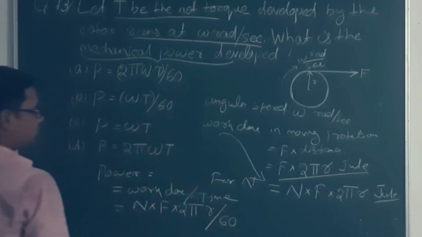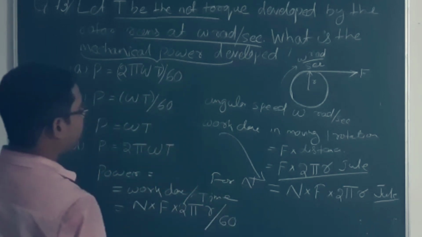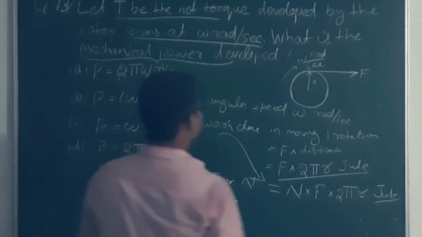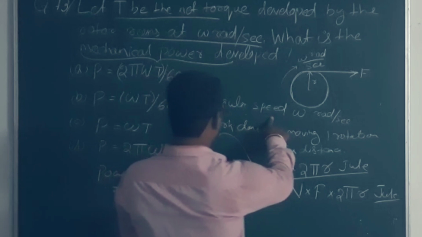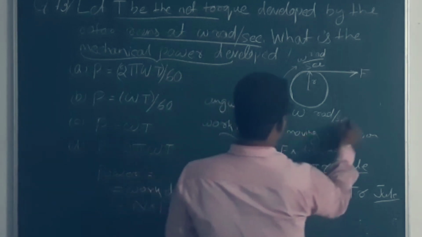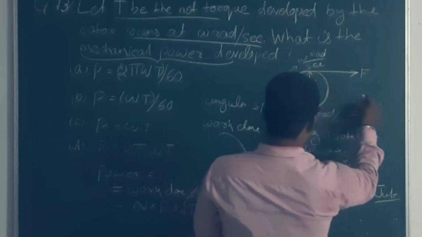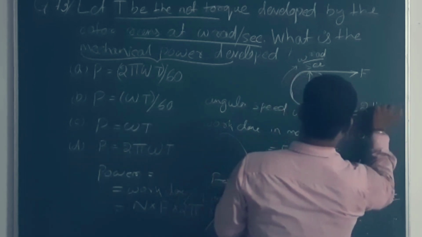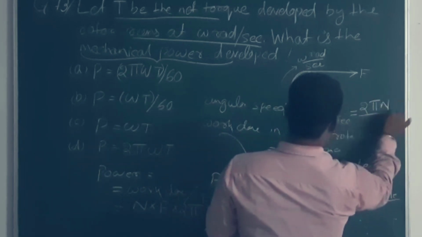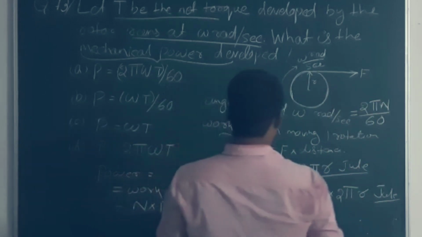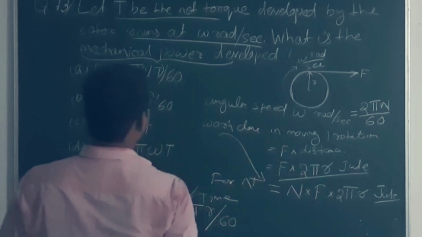It is 60. And the angular speed omega will be 2 pi n divided by 60.